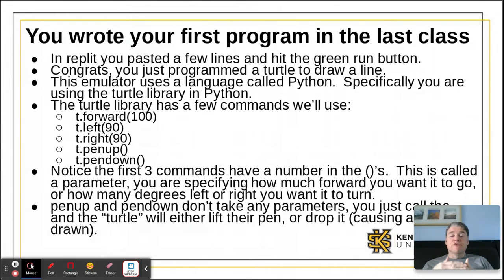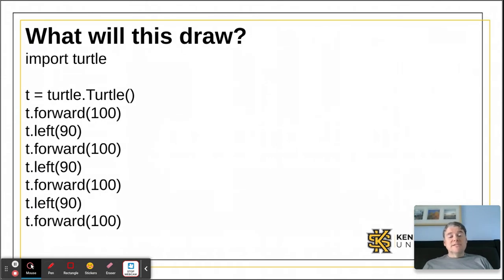For forward, the number tells it how far forward you want it to go. For left, it tells it the number of degrees that you want it to go left, and likewise for right. Those are called parameters. The details of that are not something we really need to understand right now. We'll see it again in later languages, but you'll notice that some commands take parameters and some don't.